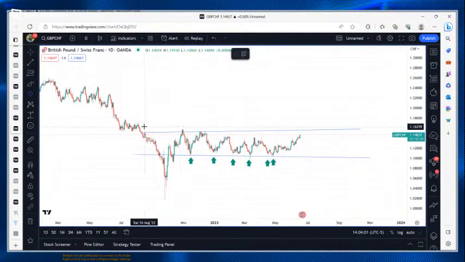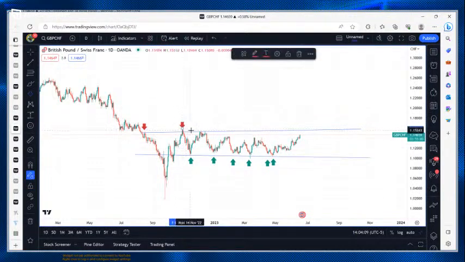Had support here. I mean, had resistance there, resistance here, resistance, resistance, resistance. Currently going up to resistance.